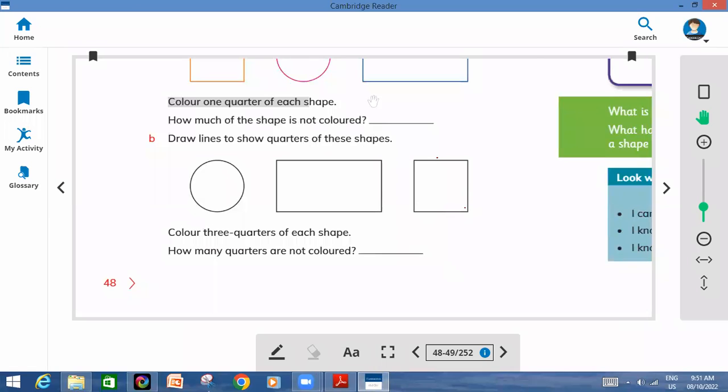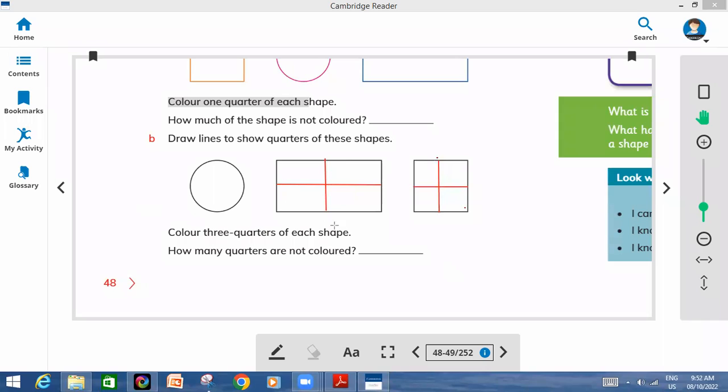Draw a line to show quarters of each shape. So I'm going to draw one of it. Quarter. Okay, color 3/4 of each shape.